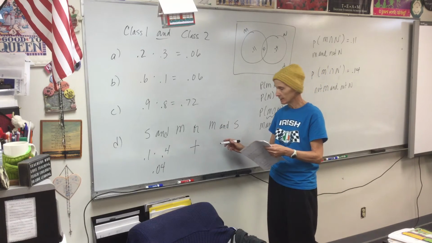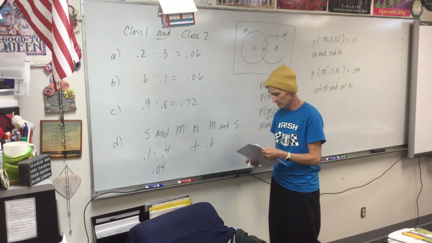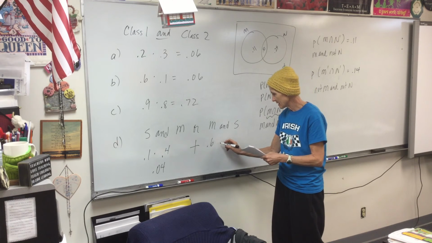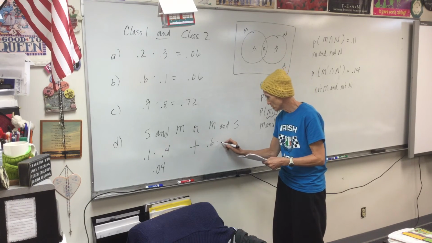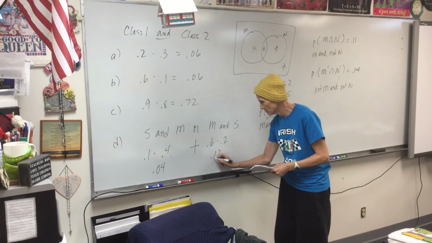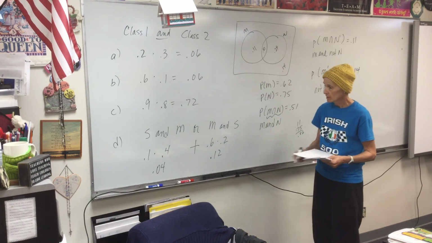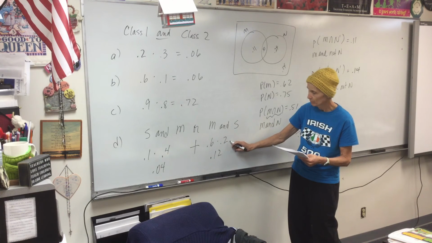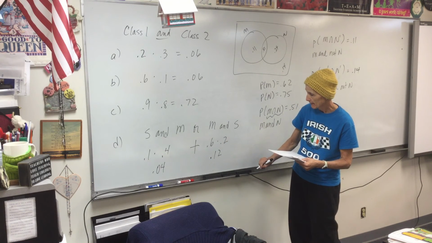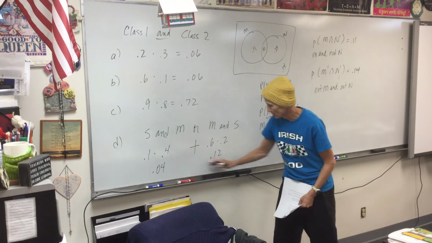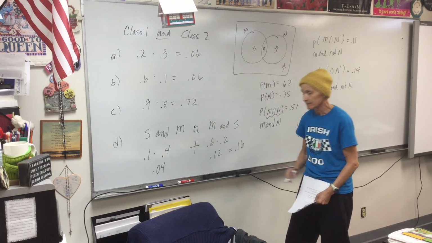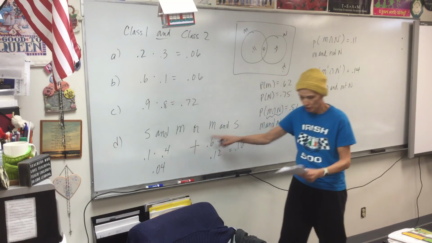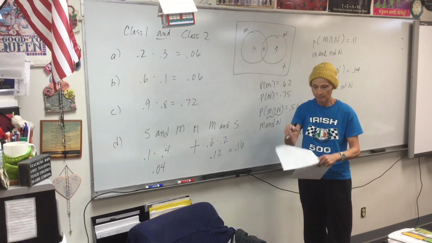Or math out of class 1, that's 0.6. And science out of class 2, which is 0.2, that's 0.12. So math out of class 1 and science out of class 2. So my answer would be 0.16 because I need to add these together because it could be this situation or that situation.